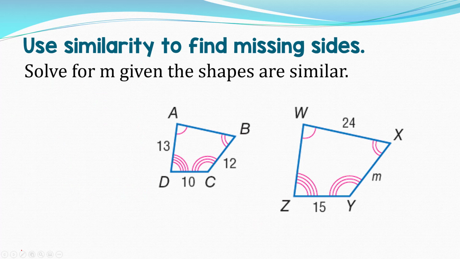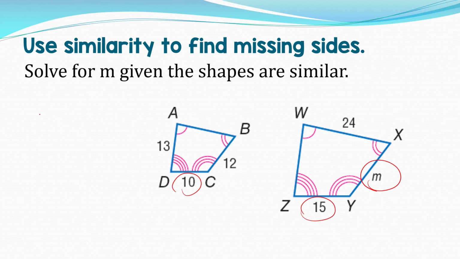If we know two things are similar, then we can use that information to find a missing side. So what we're going to do here is match up. We are looking for the value of m. All we need to do is find out, well, what is the ratio between these two shapes. So I can say, well, I can match up this side.